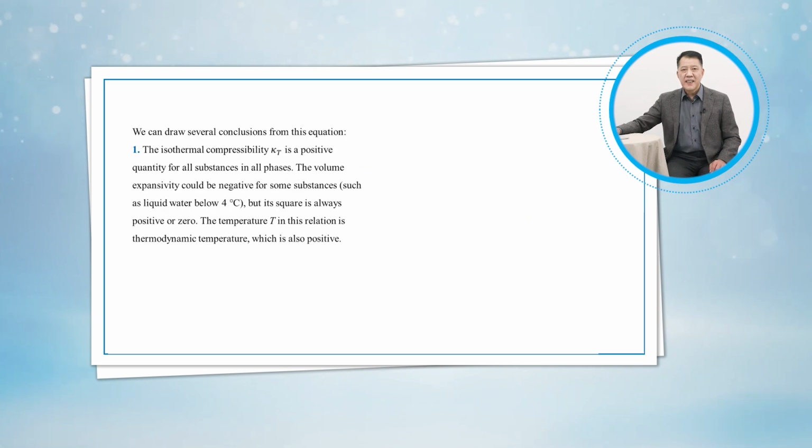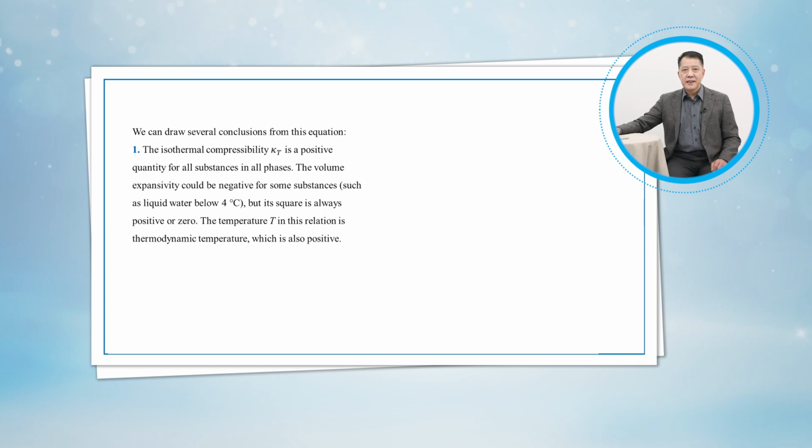We can draw several conclusions from the Mayer relation. The first one is the isothermal compressibility is a positive quantity for all substances in all phases. The volume expansivity could be negative for some substances, but its square is always positive or zero.